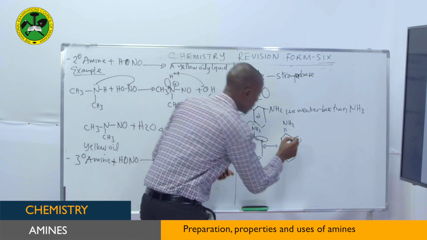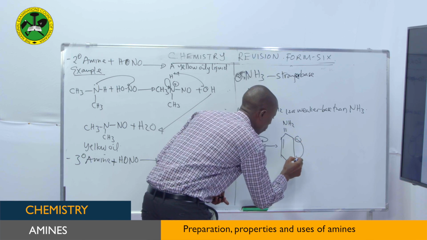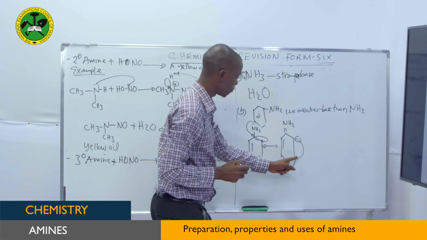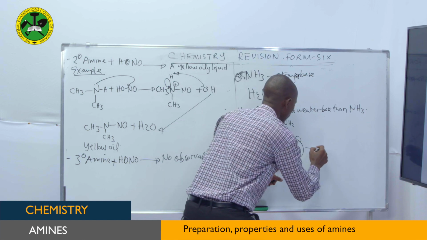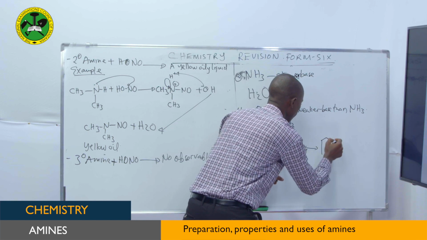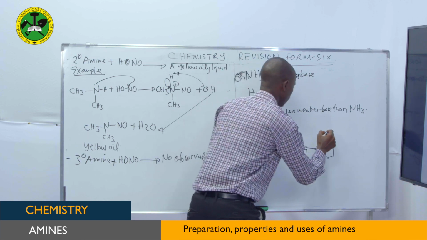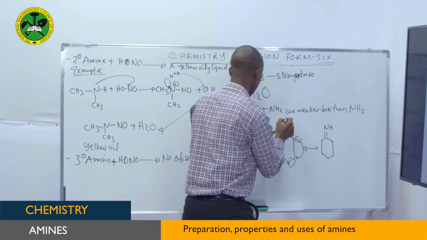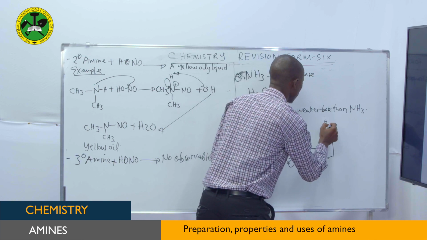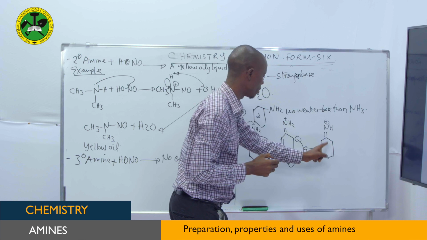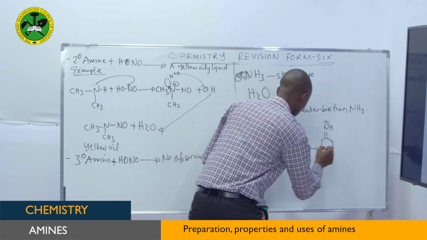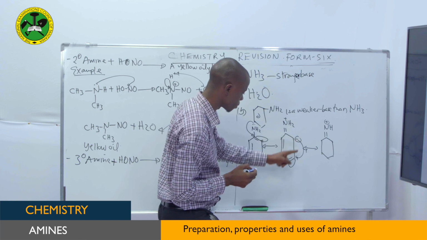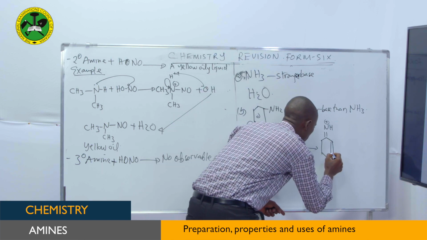From there, my dear student, this electron will move to this carbon and also moving here. This electron comes to this carbon. From here, it moves this way. So here, we are going to have this one. But remember, this is still positive because it has lost its lone pair. That means the lone pair has been involved in mesomerism. So when it moves from here to here, here it will become positive, here negative, it will form a double bond here.